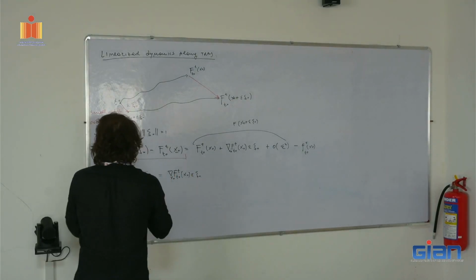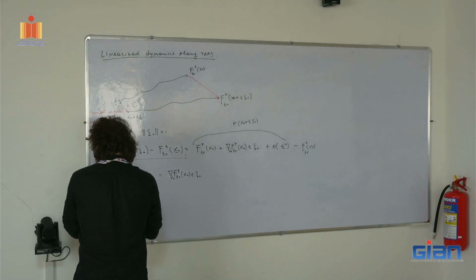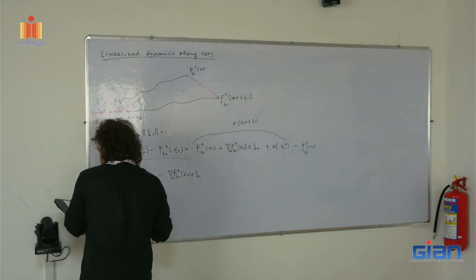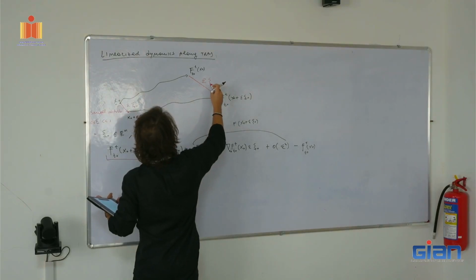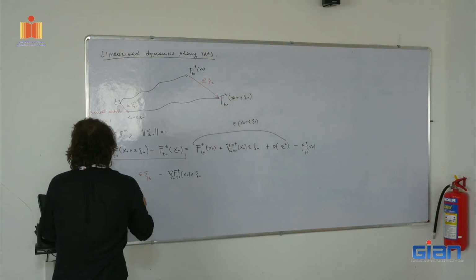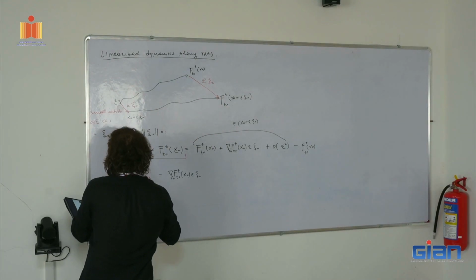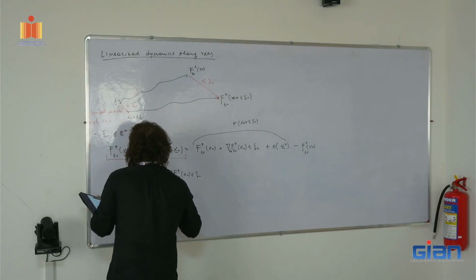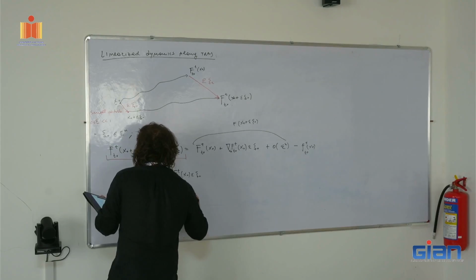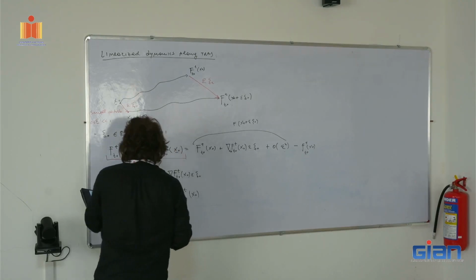We get that the dynamics of this perturbation vector is that zeta t is equal to grad f t0 t of x0 times zeta 0.